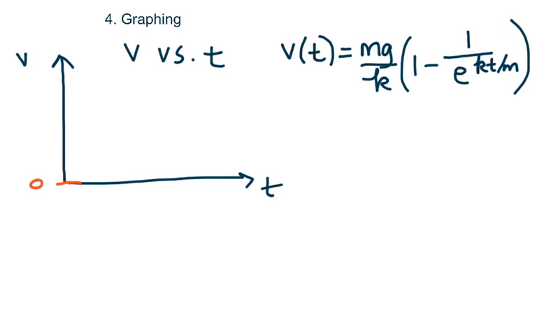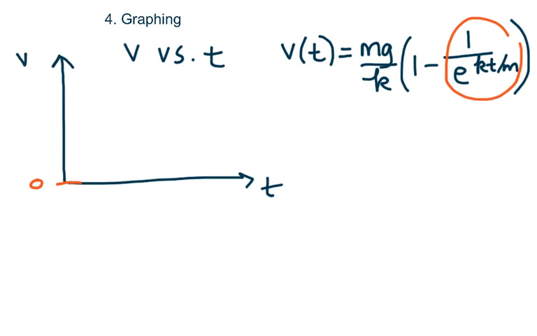Now, if we were to graph the velocity as a function of time, we can use our velocity equation to determine what happens as time goes on. Hopefully you can see in this equation that as time goes on, we in effect have Euler's number to infinity, so this term approaches zero.